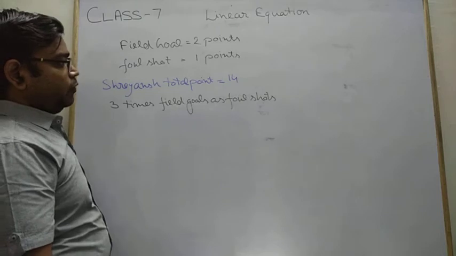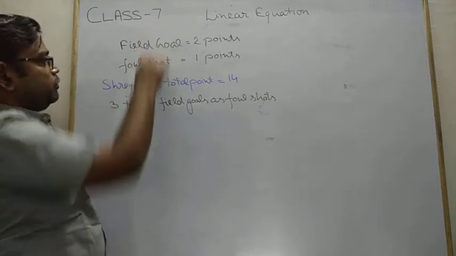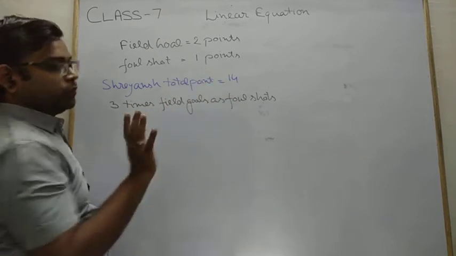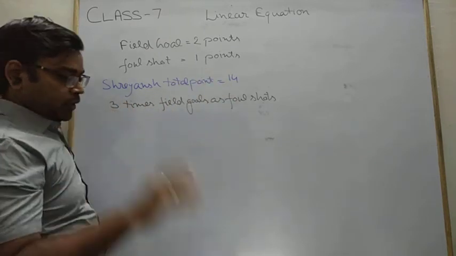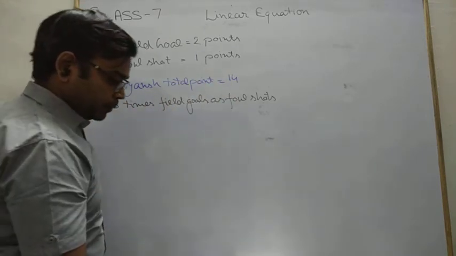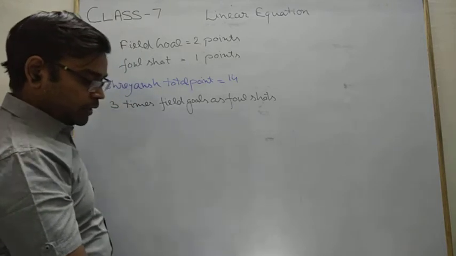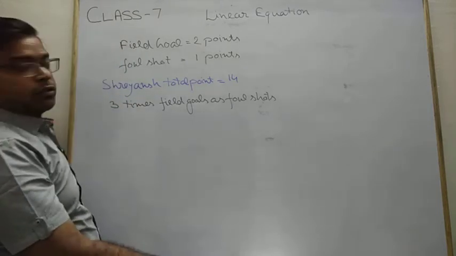Then we have to solve this one. All these points from here are given. Though I have written over this, Shreyans' total points is 14. That is for your understanding. Now the question says: on how many shots of each kind did he score?